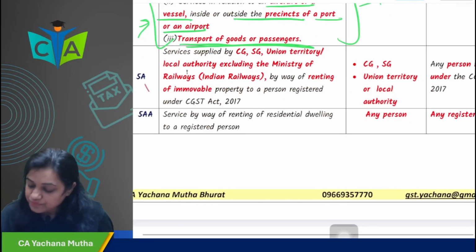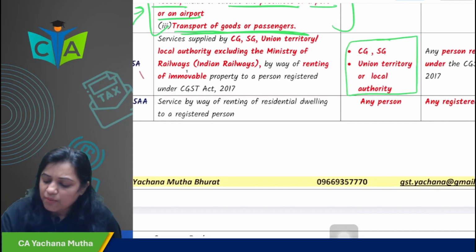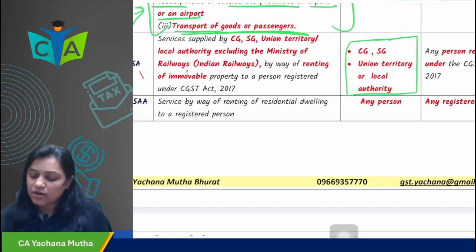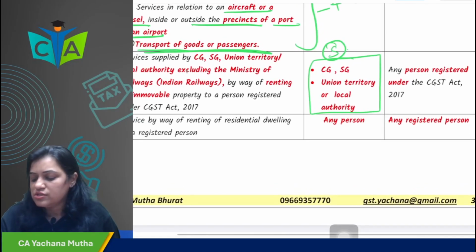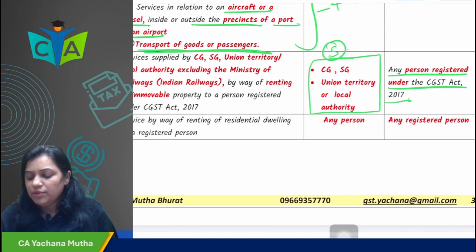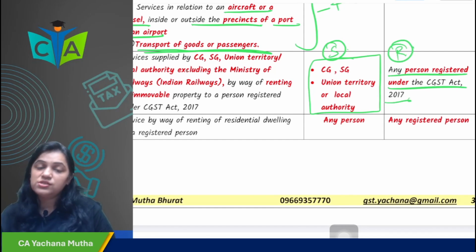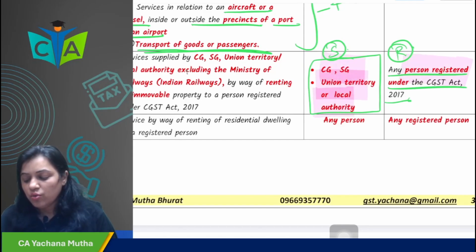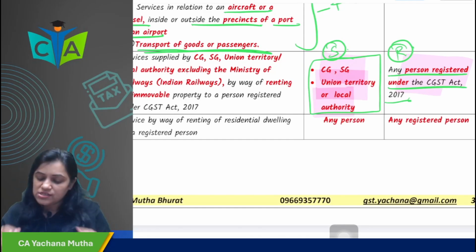Next, 5A entry. Who is the supplier of service? Central government, state government, union territory, local authority. Who is the recipient of the service? Any person registered under GST. So the supplier is central government, state government, union territory, local authority, to a person who is registered under GST Act.